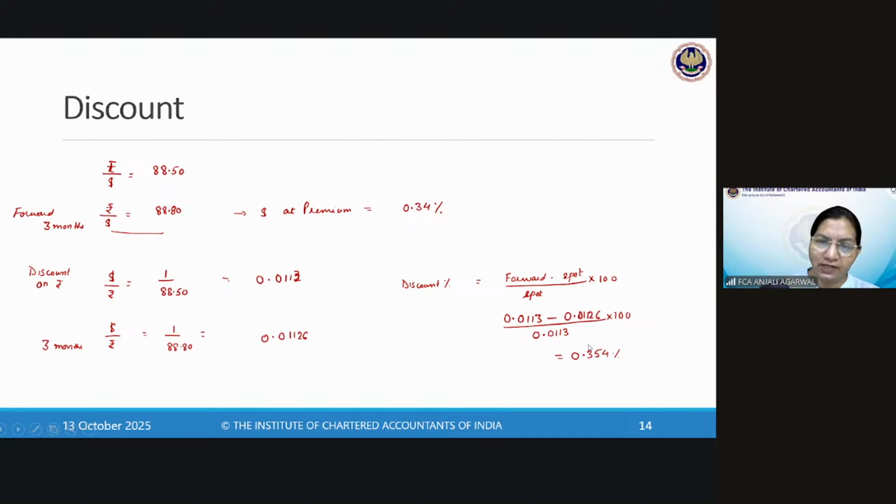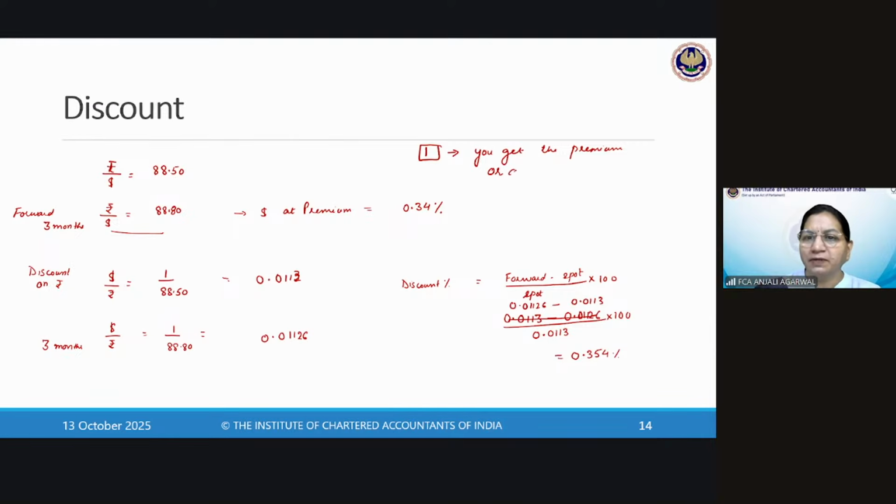This means that the dollar was at a premium and the rupee is at a discount. So one inference we draw from here is that by using this formula, you get the premium or discount. Sorry, it would be 0.01126 minus 0.0113, not the other way around.